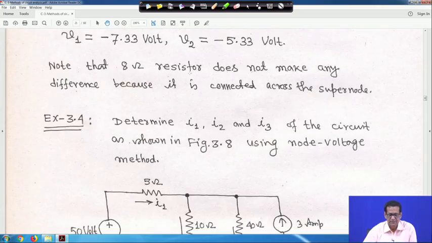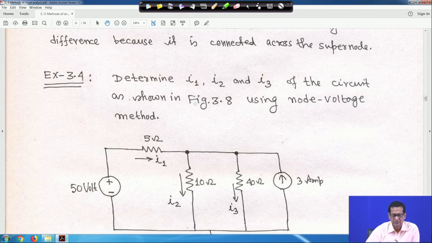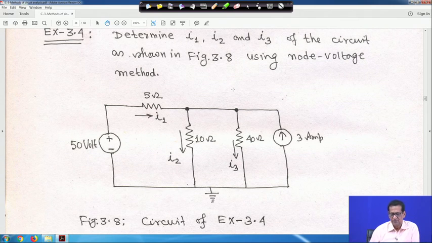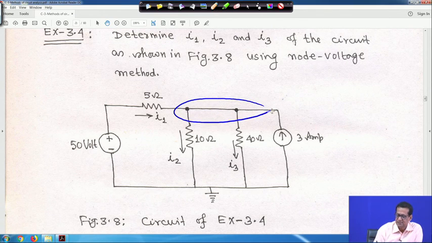Next one is example 3.4. Determine I1, I2 and I3 of the circuit shown in the figure using the node voltage method. Let me tell you, there is no element here, so basically this is a common node, because no electrical element is here or here.